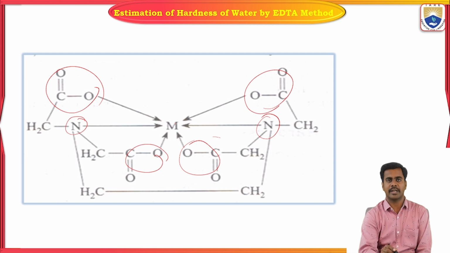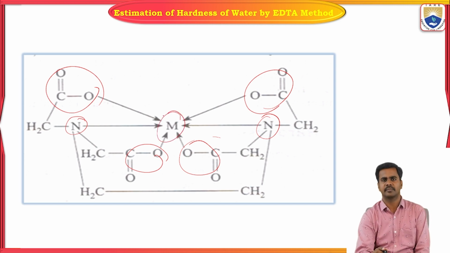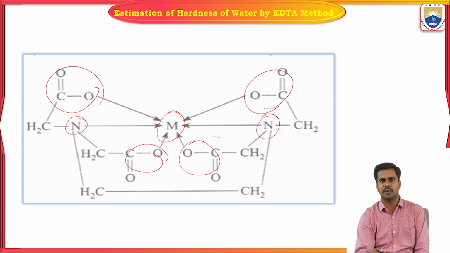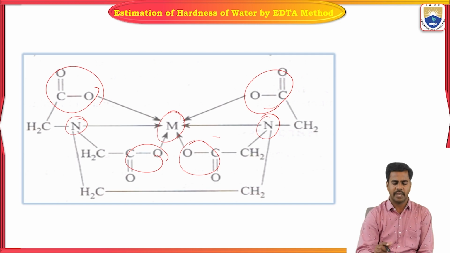So whatever metal ions are present in the water bind with 1, 2, 3, 4 acetate groups and with 2 nitrogens.